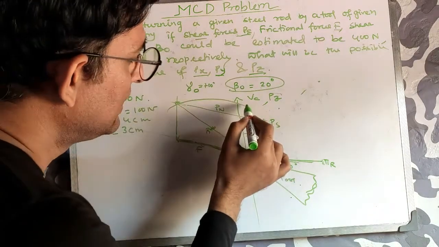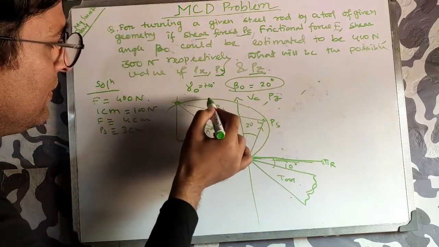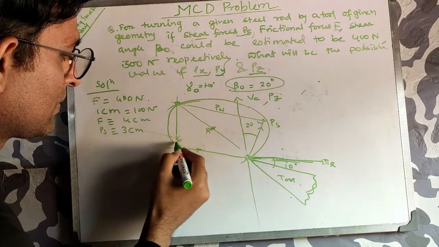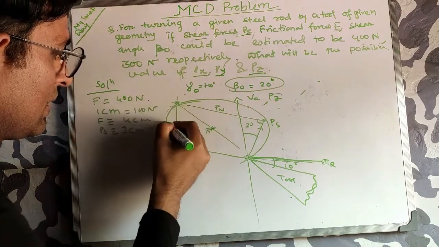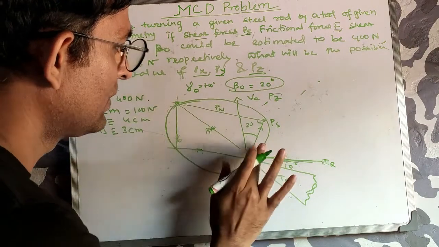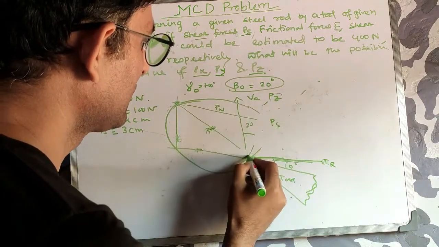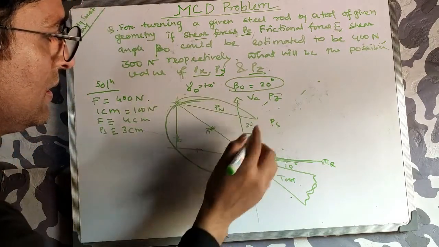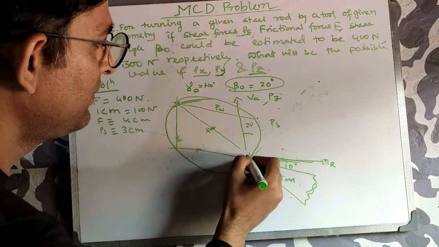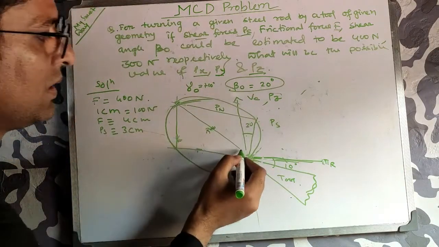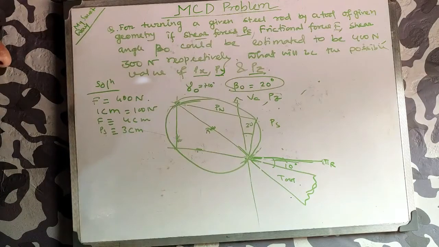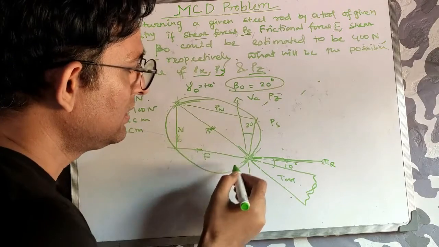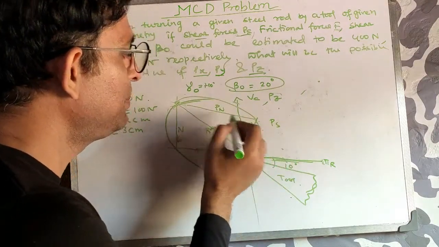You can draw this circle. So this is the Merchant circle diagram. Now this one is F, this is the normal force, this one is R, this one is Ps, this one is Pn.